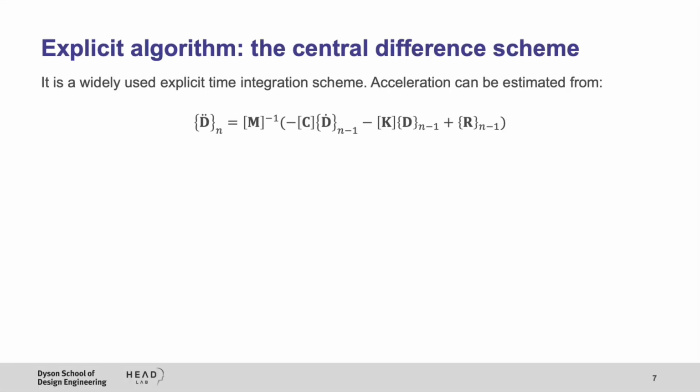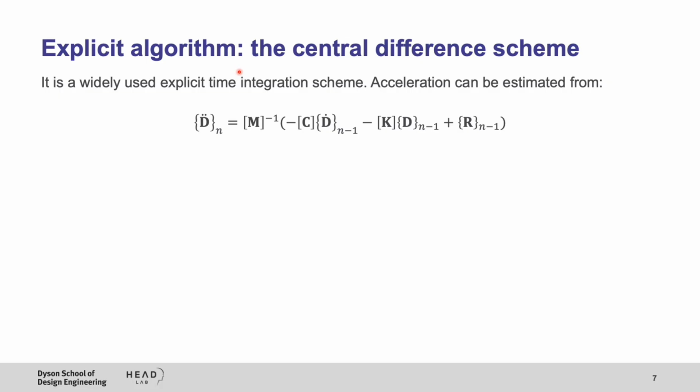A widely used integration scheme for explicit simulations is the central difference integration scheme. First, we can estimate acceleration at time n from the equation of equilibrium. So you can see I've rearranged the equation of equilibrium to find the acceleration at time n.